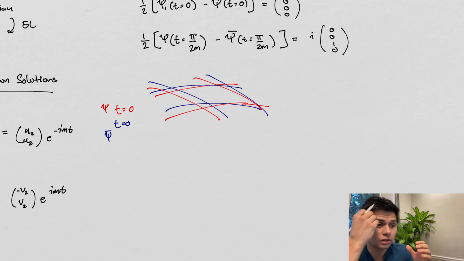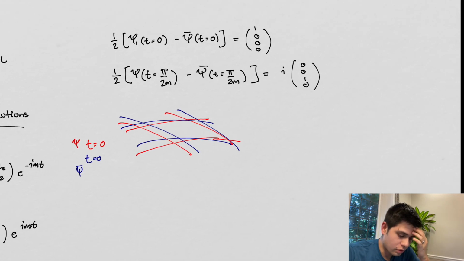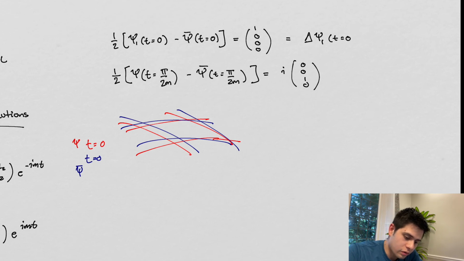This is very interesting because what this tells us is that from time zero, this is the difference between our two fields at time equals 0.